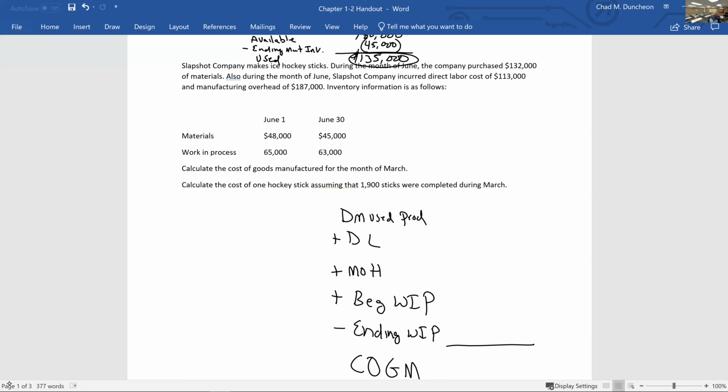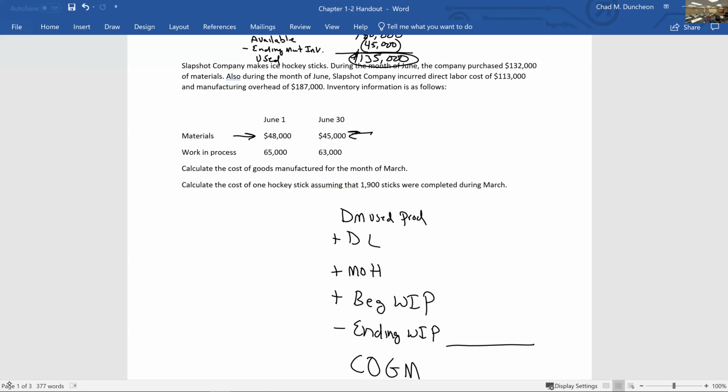All right, so the first thing we have to do is calculate how much direct materials we used in production. Well, if you look here, it is the exact same thing that we did above. Our materials were 48 and 45, with $132,000 worth of purchases. So we already calculated the one above.